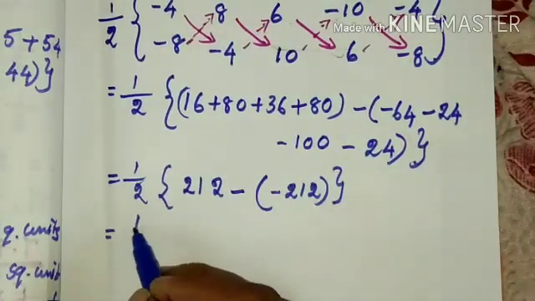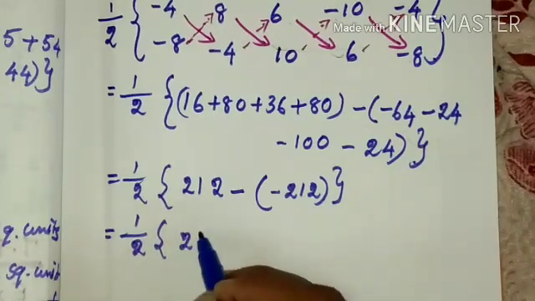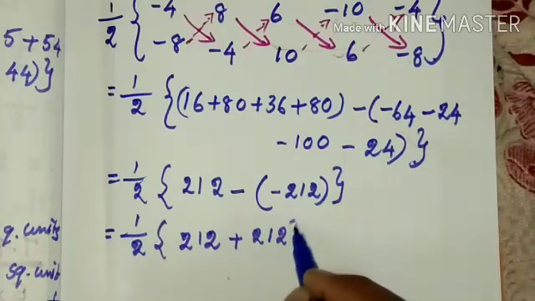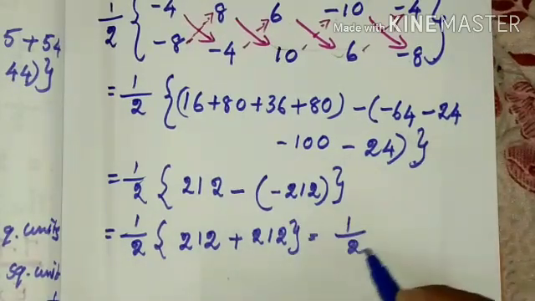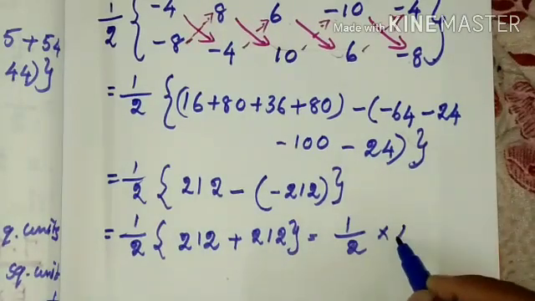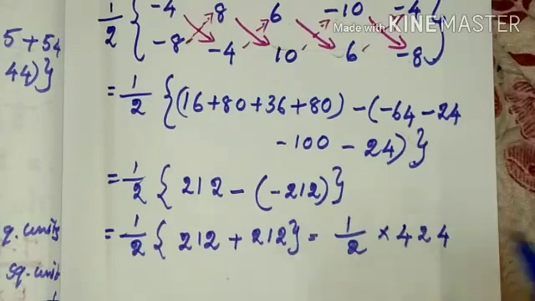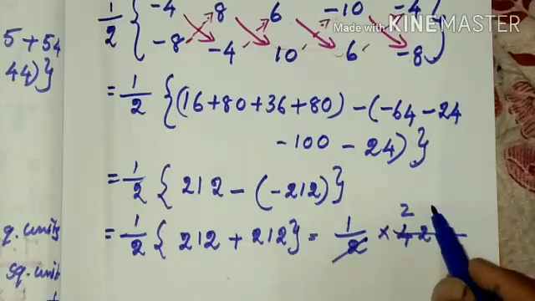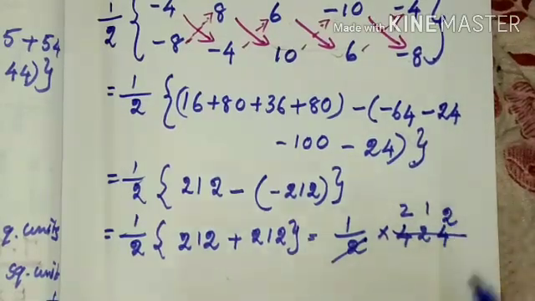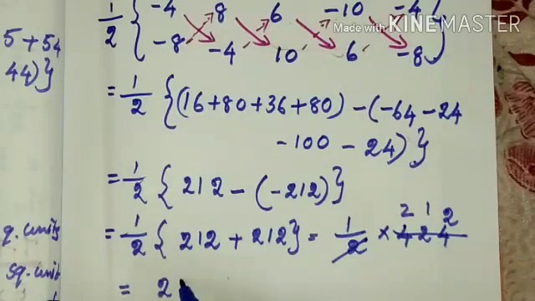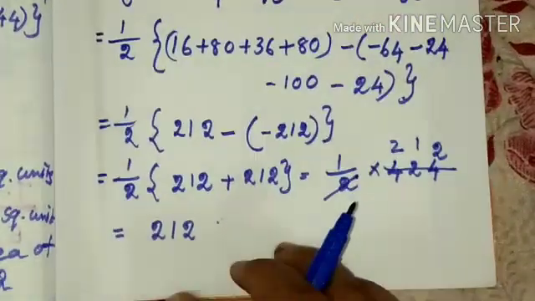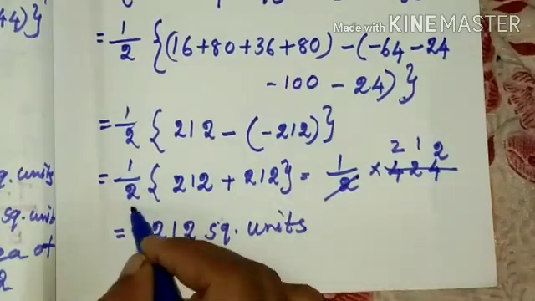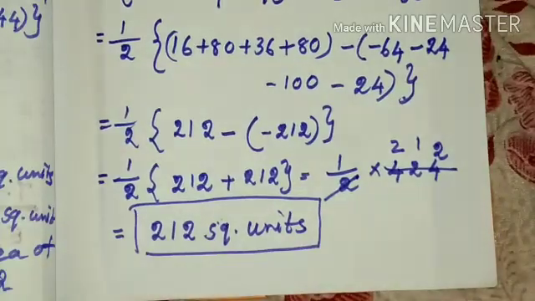Now again you simplify: half into 212 minus of minus 212, that is equal to half into 424. Cancelling, we get 212. Then the answer is 212 square units. This is the area of quadrilateral ABCD.